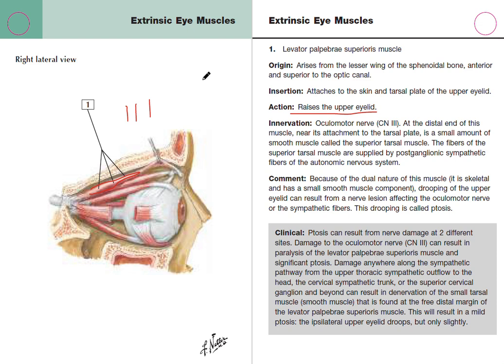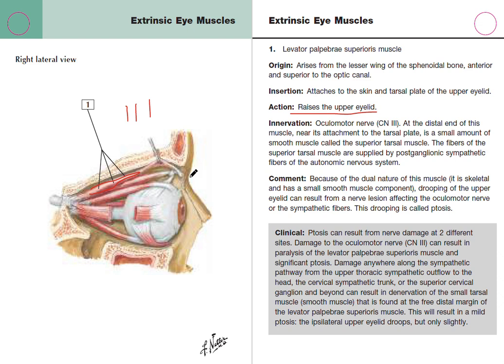At the distal end of this muscle, near its attachment to the tarsal plate, is a small amount of smooth muscle called the superior tarsal muscle. The fibers are supplied by postganglionic sympathetic fibers of the autonomic nervous system.